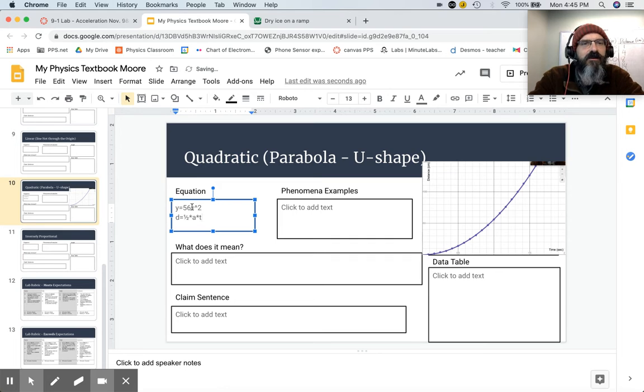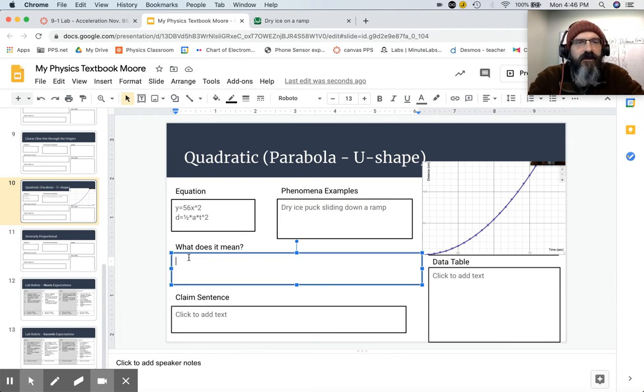I'm going to use t for the x-axis, and it is squared still. So d equals 1/2 at squared, or 1/2 times a times t squared. The phenomenon we investigated to get this was a dry ice puck sliding down a ramp. We will get this from any object accelerated by gravity or any other constant acceleration.